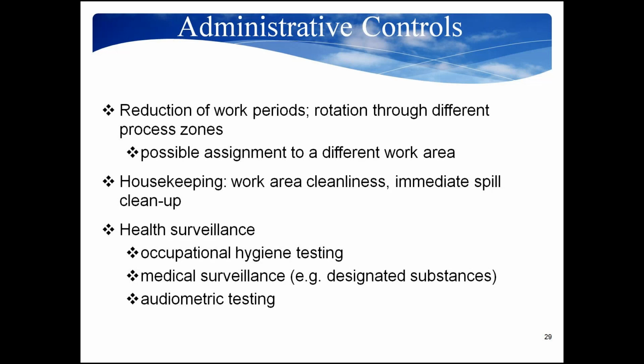They might start out in the morning in one area where there are some contaminants and exposures, and then they're moved or rotated with other workers with the goal of keeping exposures below TWAs or STELs, etc.